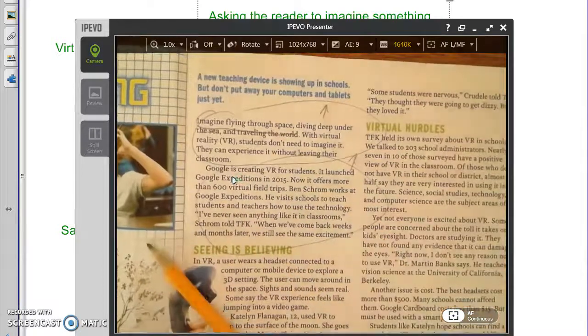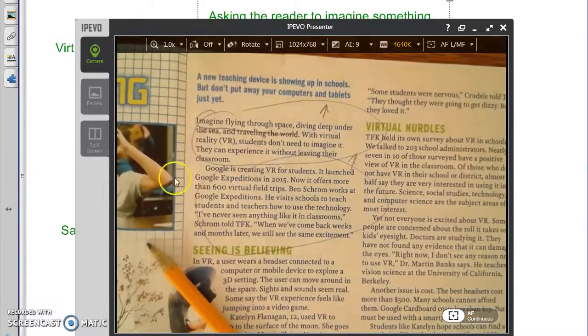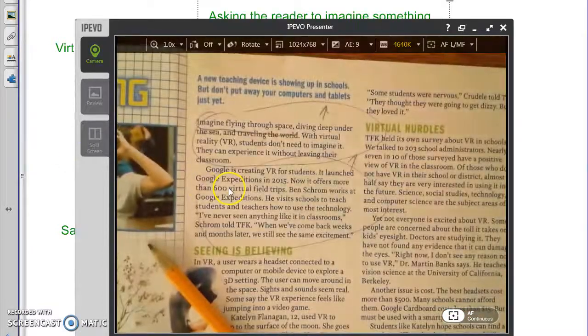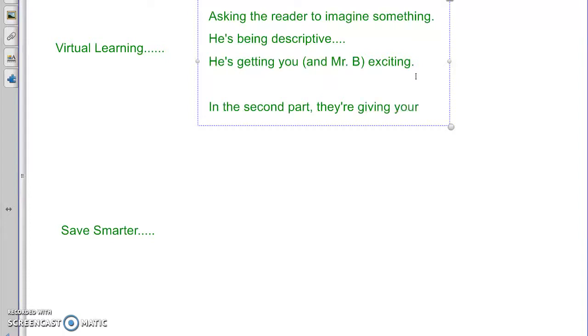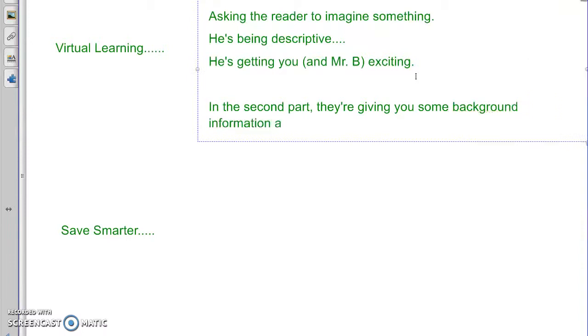Now, what are they doing in the second part? What's he doing in the second part of this paragraph? Well, in the second part of the introduction, they're giving you some background information and letting you know what the article is going to be about.